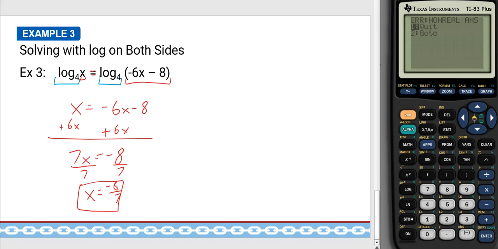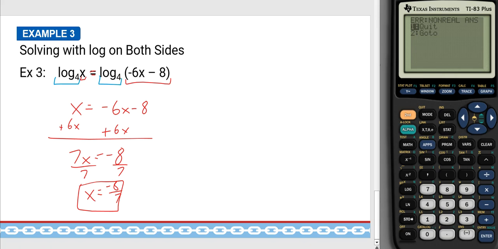We have an imaginary solution because we're trying to figure out a 4th root involving the negative 8 sevenths, and there's no way I can take anything to the 4th power and get negative 8 sevenths.